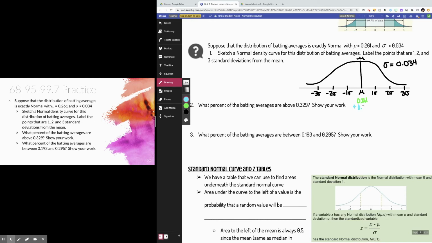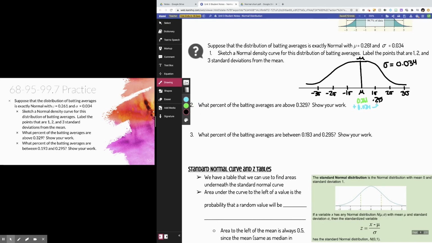Add 0.034, and you get 0.295. Then I do the same thing again, add 0.034 to this value and keep going.